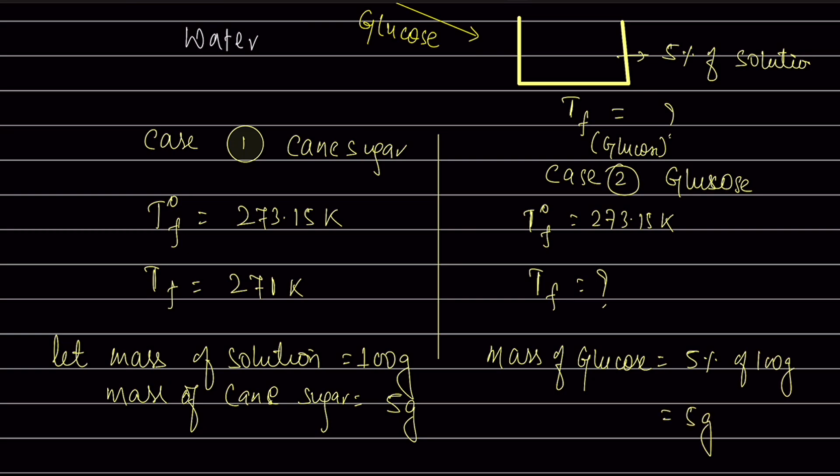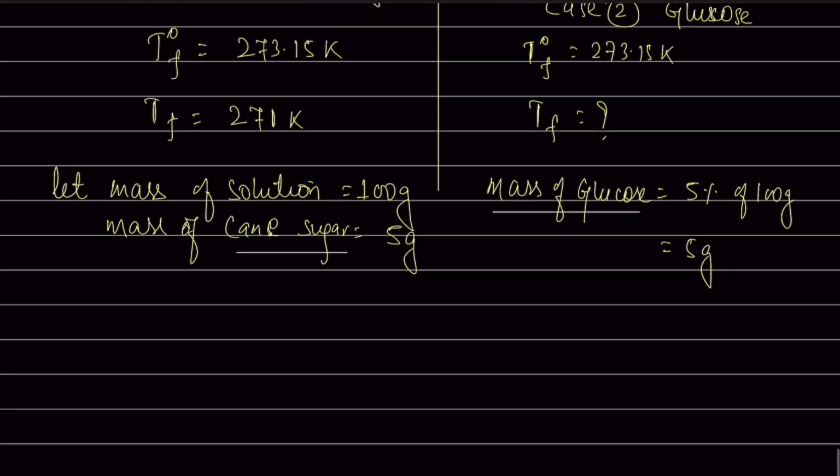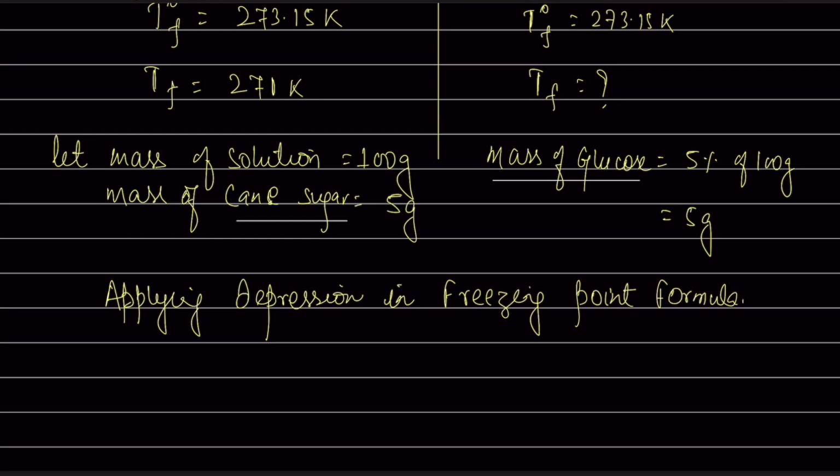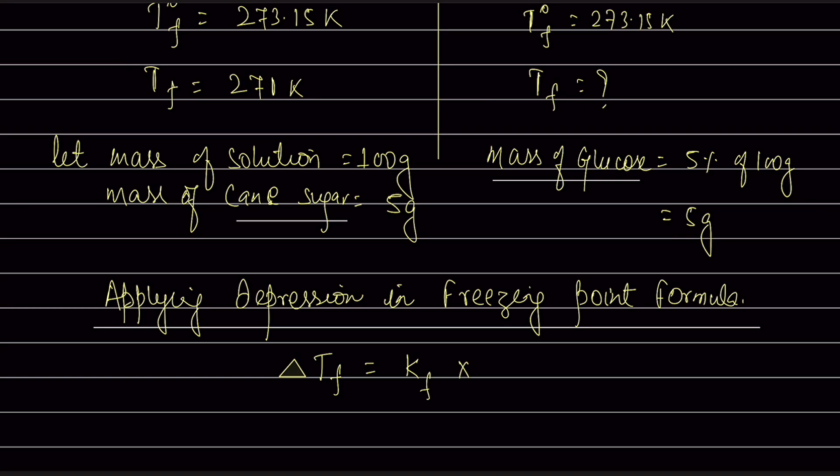Now we have the mass of glucose and the mass of cane sugar. If we apply our depression of freezing point formula, we can write delta TF equal to KF into molality.